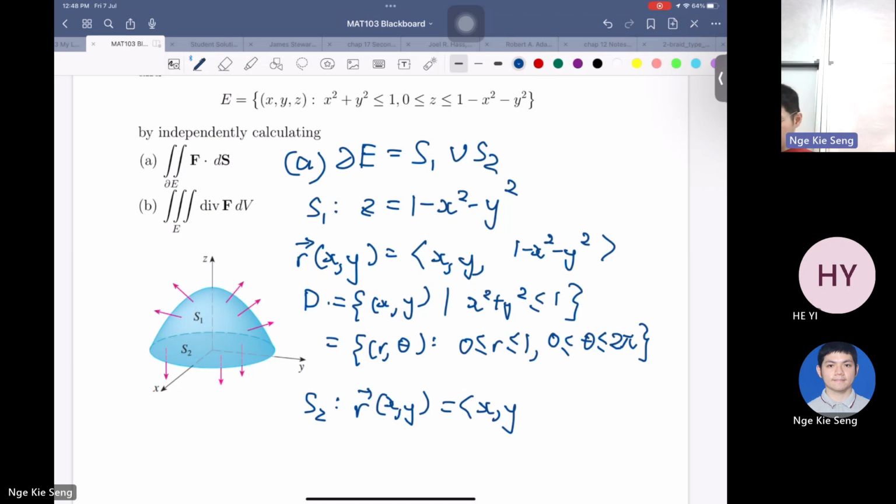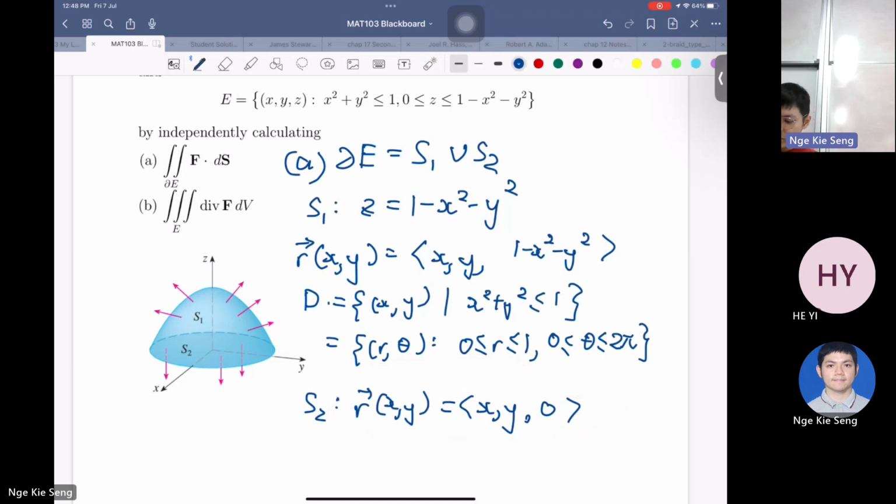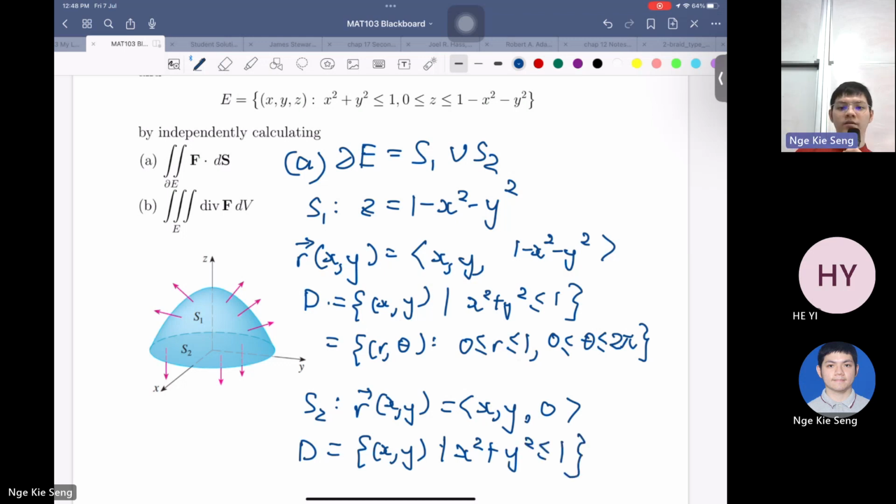This parameterized equation actually gives a plane, but if I restrict my (x, y) to a disk, then this is just a disk, on the plane z equals 0.